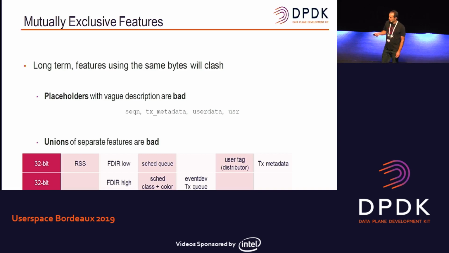Because we don't have a lot of space, we use a union in C code to put different features at the same place. So what does it mean? It means if you want to use RSS, you cannot use at the same time the TX metadata because it's at the same place. So the features are mutually exclusive. I think it's clear enough that this is a bad situation.